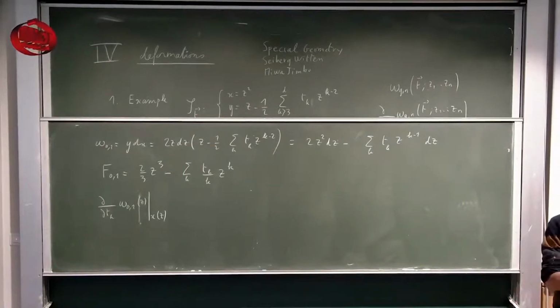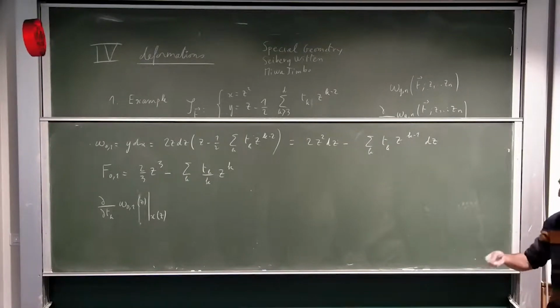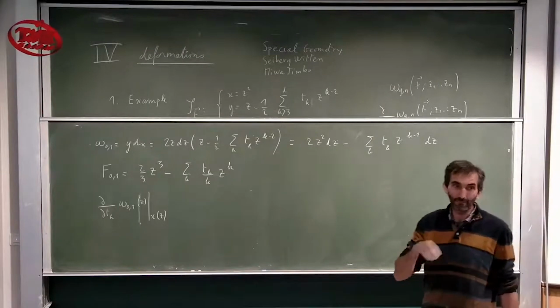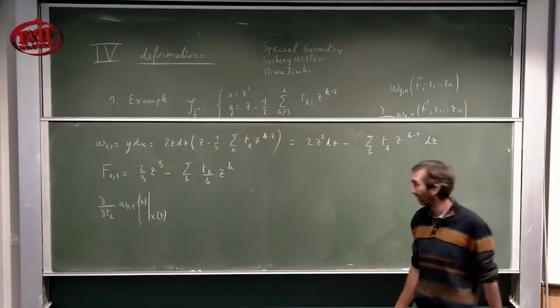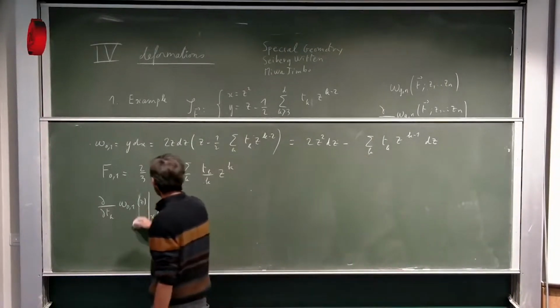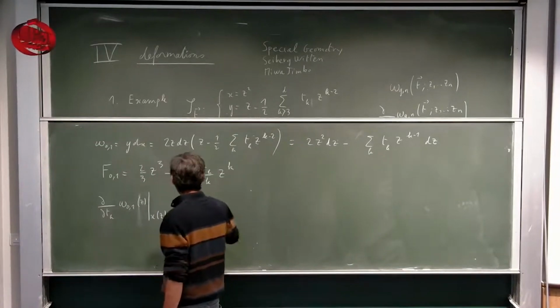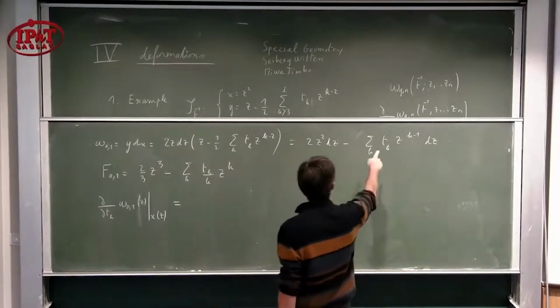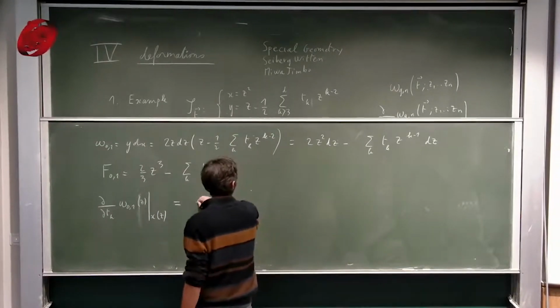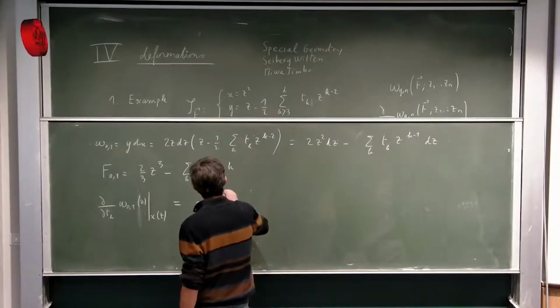But in a more general context, you should work with fixed x and not fixed z. Somehow z is a dummy variable to parameterize your curve. What really matters is the value of x. So let's compute. Well, this is very simple. This is minus z^(k-1) dz.